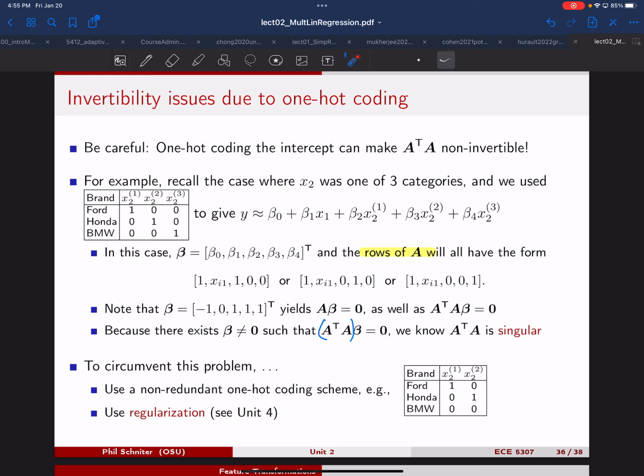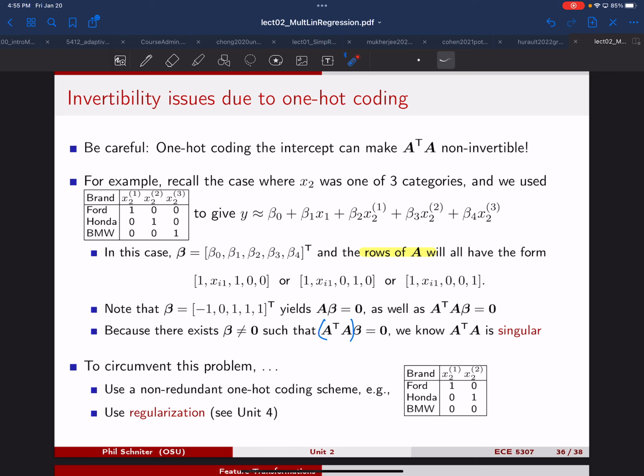What would happen if two rows of A are very close to each other? There are various reasons why you could get this singularity problem. Here what I'm saying is no matter what your data is, let's say you have lots of data and then you're adding this one-hot coding, then this will definitely be singular.